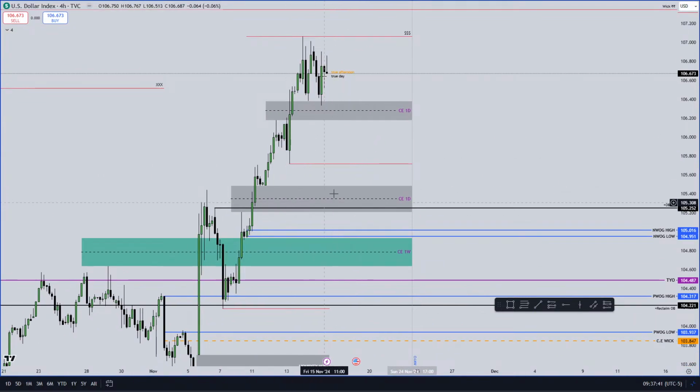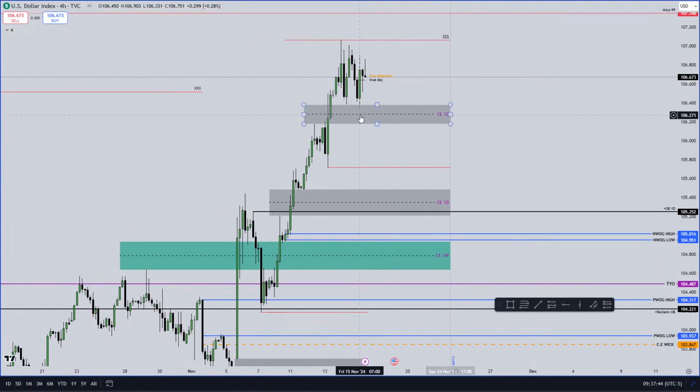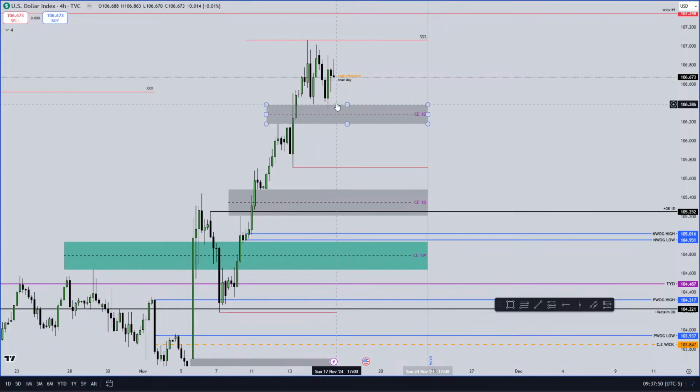Then this is the target. If at all we close below this, we can look with an FVG, of course. We need to make sure there's an FVG.